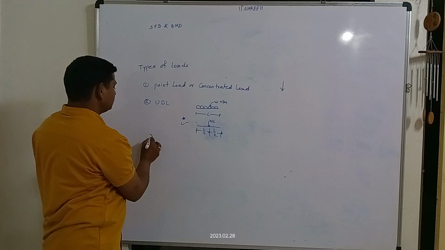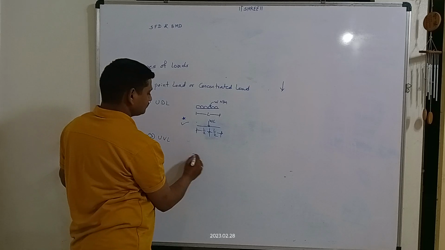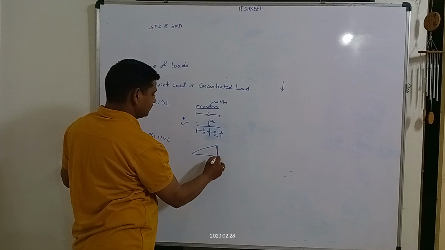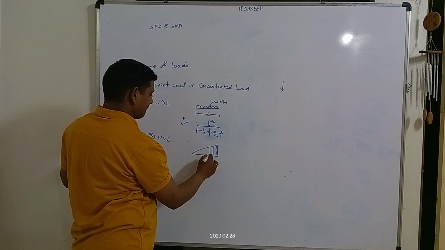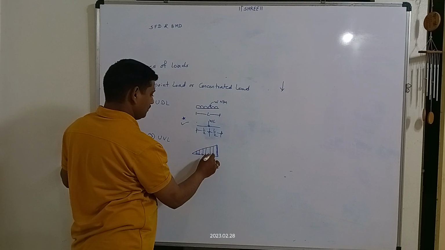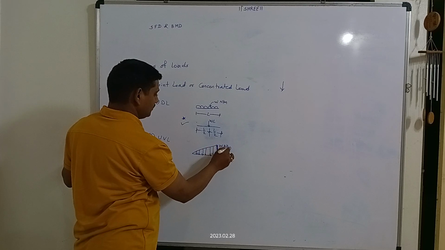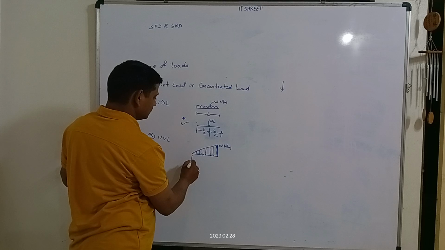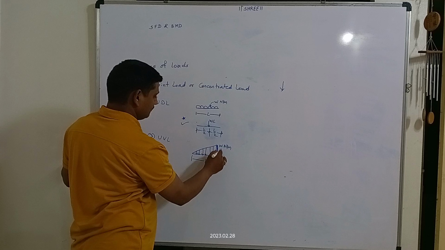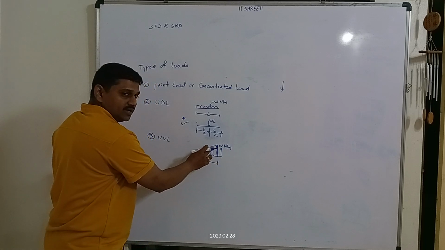Okay. Third point is uniformly varying load. In that, if we consider this beam, this load is given like this. This is W Newton per meter, and this is length L. We have to convert it into point load.